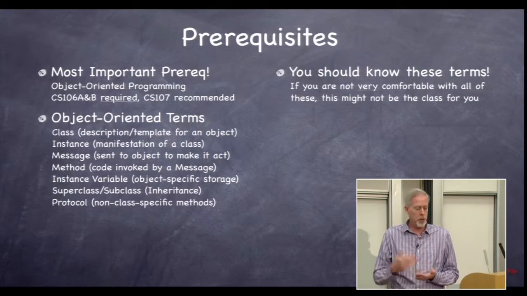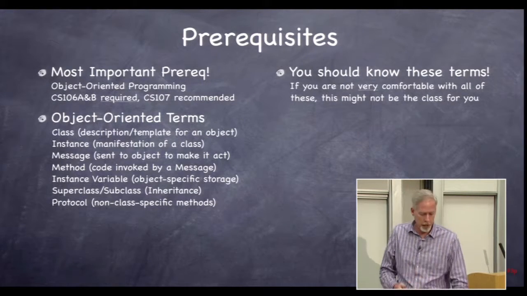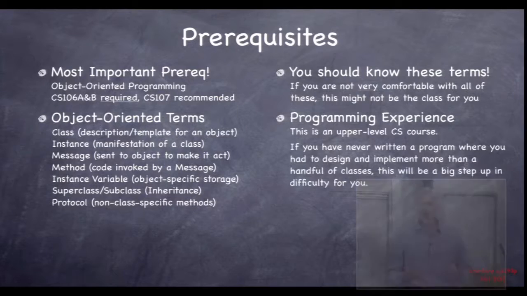If you're not comfortable with these terms, if you haven't had some experience writing object-oriented programs, it's going to be trouble. Specifically, if you've never written an object-oriented program that uses more than a class or two. I know in a lot of CS 106A, the assignments are to write a class that has these 5 methods that does something. That's great, you're just learning object-oriented programming.